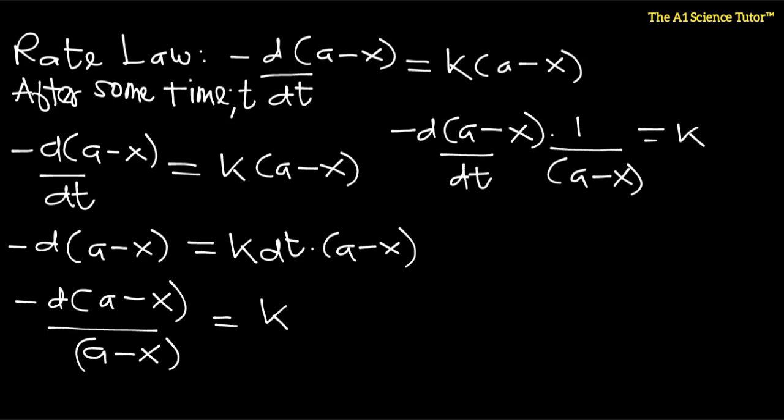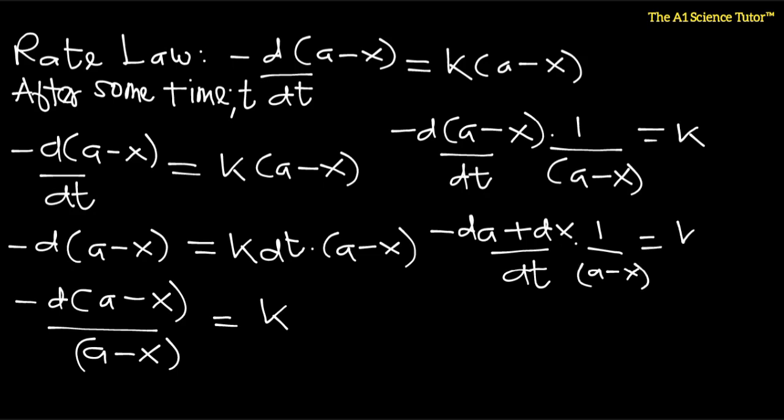So you need to know that this could actually be split or expanded such that if you have negative d multiplying into this bracket, you could have a minus dA and minus d multiplied by this. That is going to give you a positive dx. So that will be dt. And then we have 1 over a minus x.